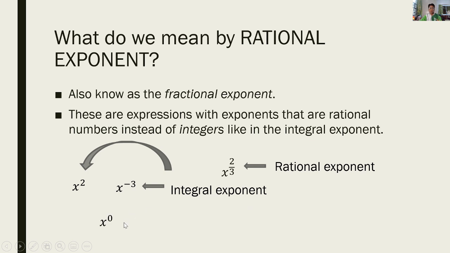Last but not the least, we have here now the zero exponent. Comparing this, mabilis lang po nating makikilala, rational exponent has an exponent that is fraction. Whether this fraction is positive or negative, as long as the exponent is fraction, it belongs to rational exponent. So I'm hoping I'm making it clear for everybody para mamaya pag-identify po natin mas mabilis.